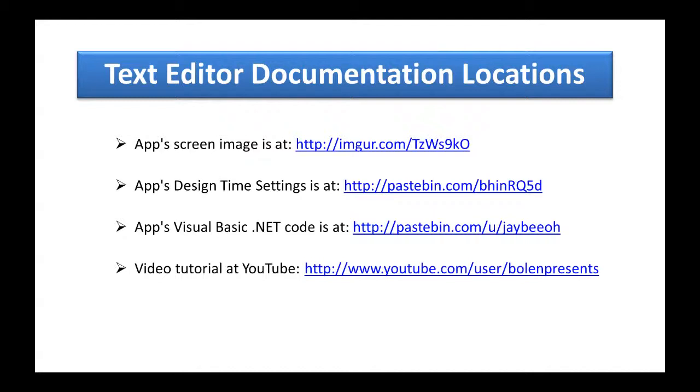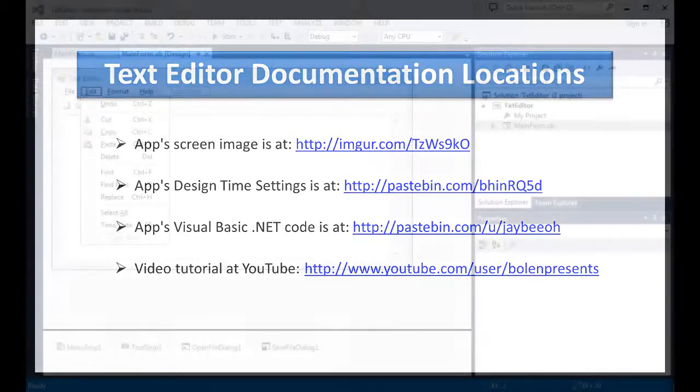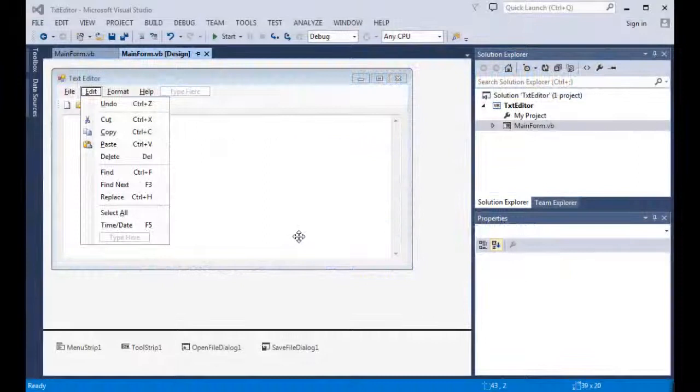So let's go into our code and take a look at what we're going to be working with. Okay, in our code you'll see that I have the Windows Designer up, and I'm looking right now at the edit menu option. We're going to focus today on the undo, cut, copy, paste, and delete section of this particular area of the edit menu option.